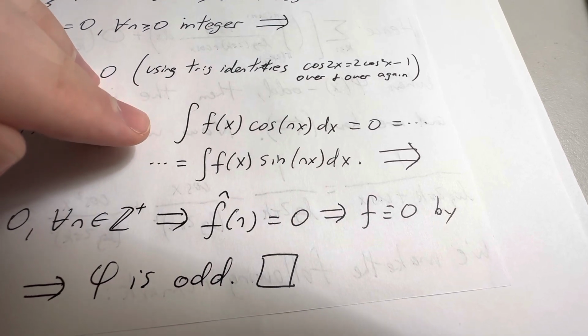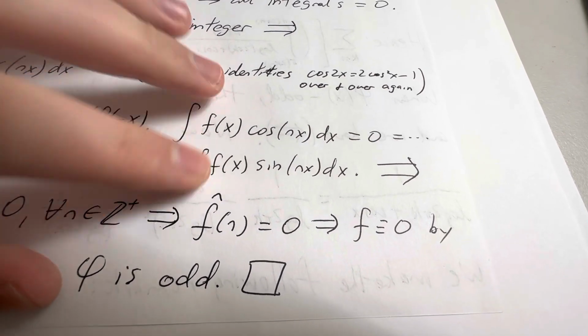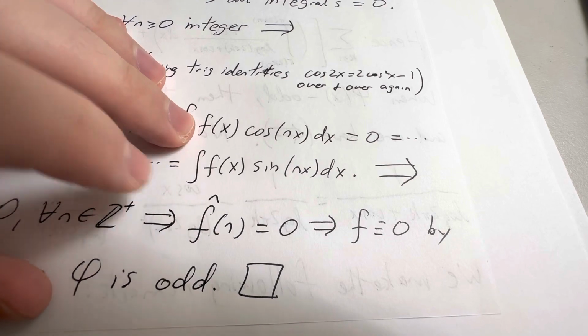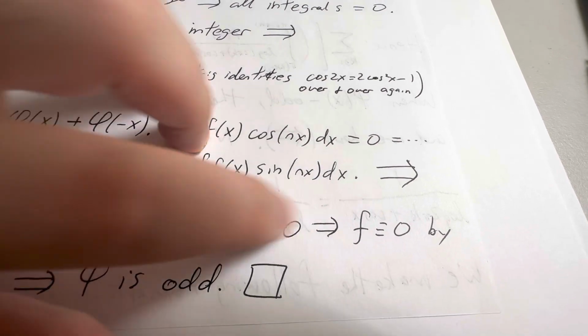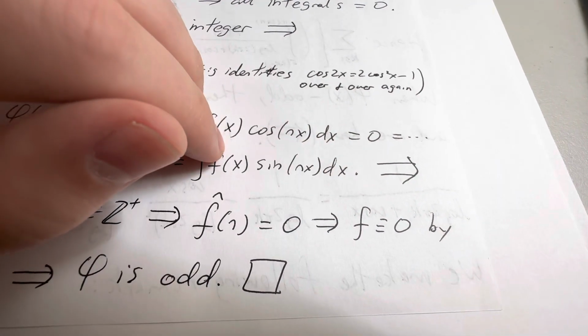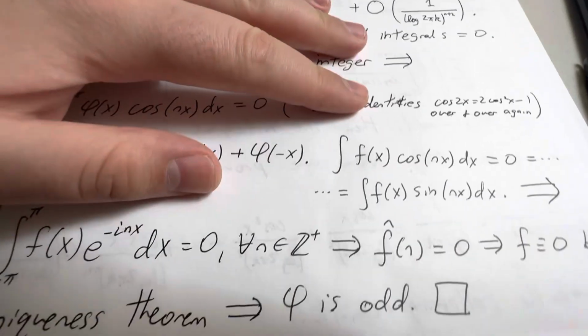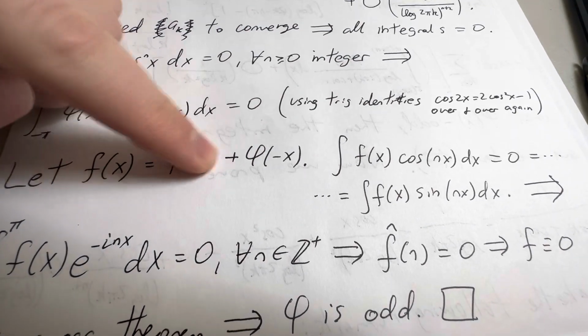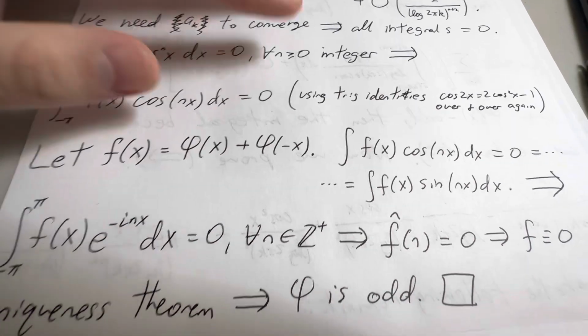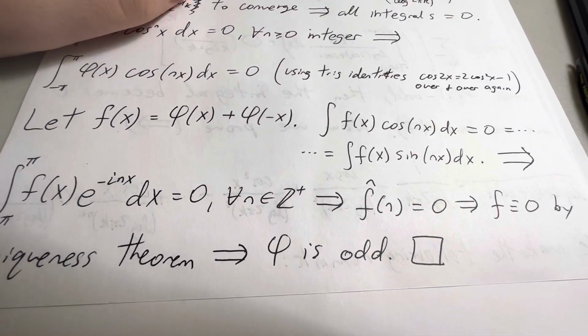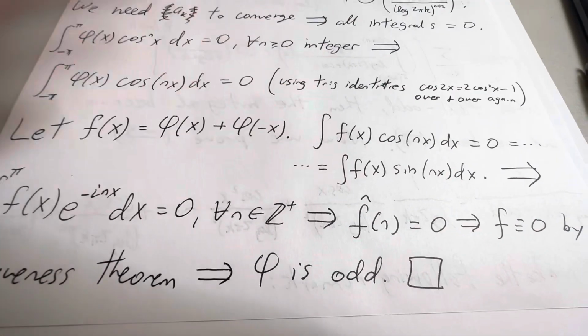And then by the uniqueness theorem in Fourier analysis, if this is equal to 0 for all n, then f has to be identically equal to 0. And if f is identically equal to 0, then you can just move this guy over to the other side, and you've shown that phi is an odd function. And that completes the proof.